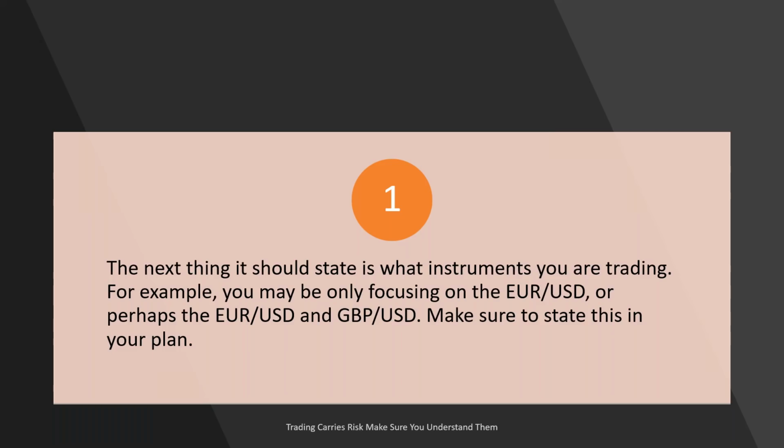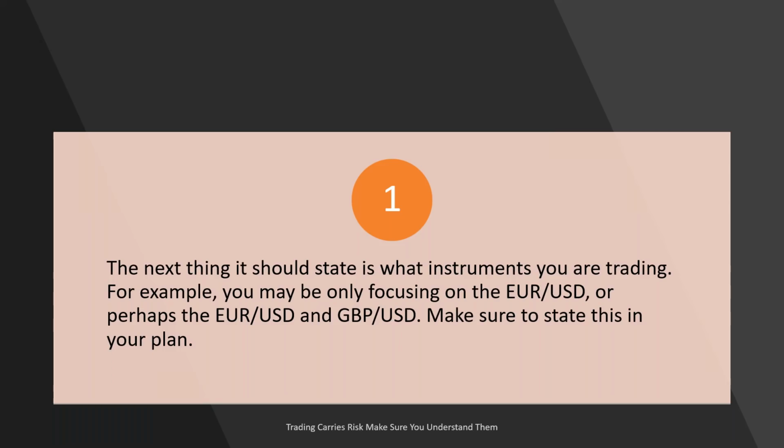So one of the most important things to put in your trading plan is what assets you are going to trade, and be specific. You can't say I'm going to trade stocks, because there's hundreds and hundreds of stocks covering every sector imaginable.